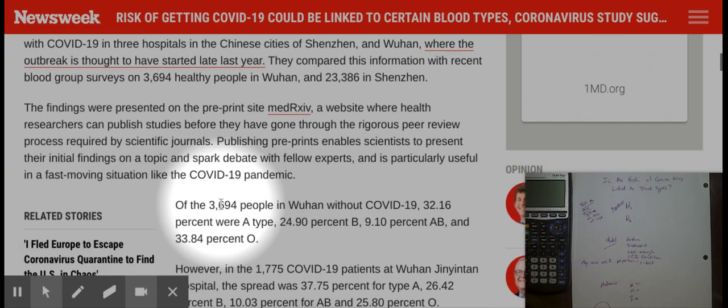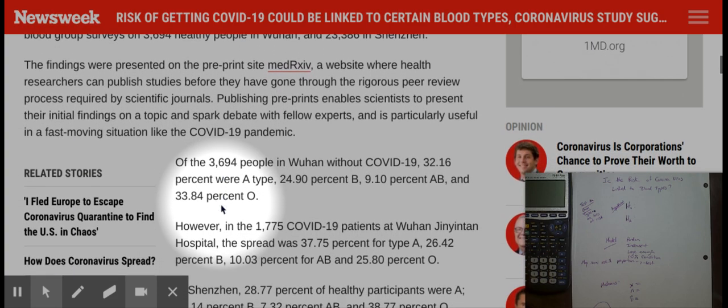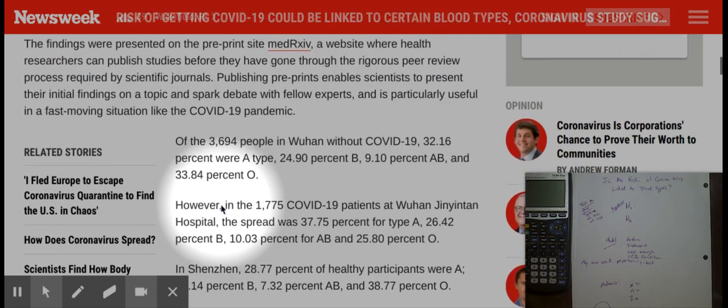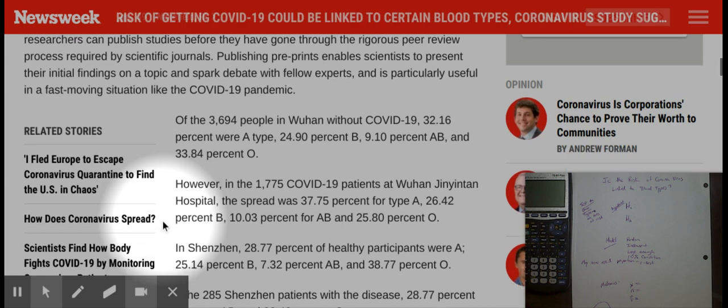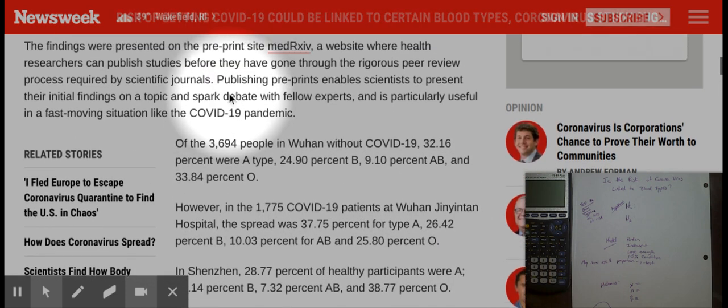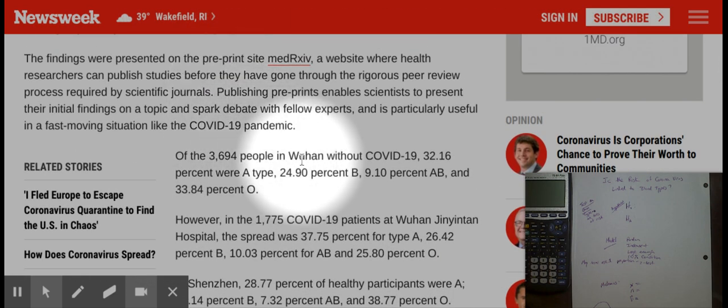In order to run this hypothesis test, there's several things in this article that are all really good, but I want to focus on one particular sample. There's several samples to choose from, but I'm going to be using the sample of Wuhan.